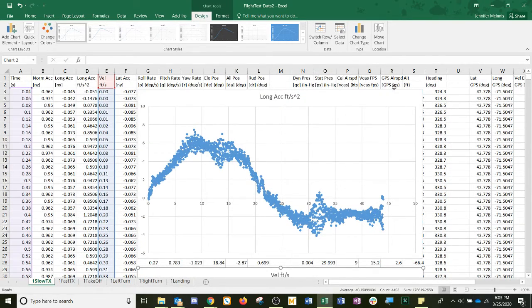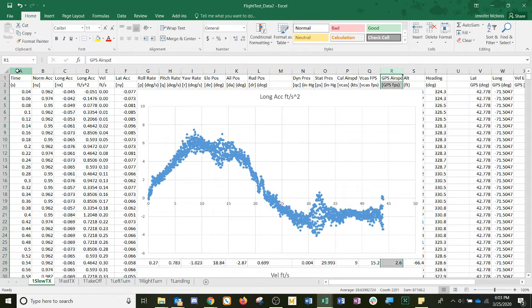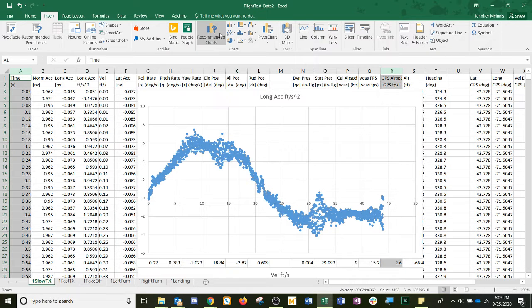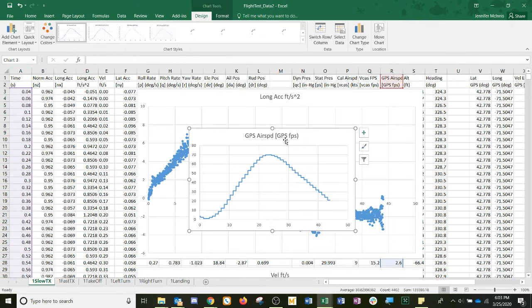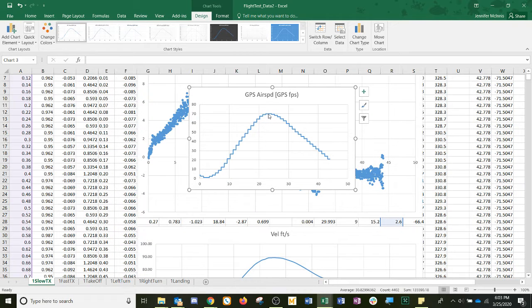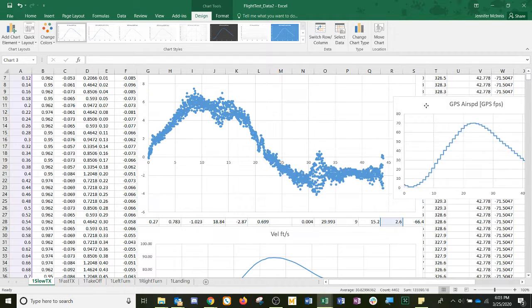And then if I come over here to GPS airspeed with time, I'm seeing the GPS airspeed max out at about 70 feet per second, and it slows down to about 20 feet per second. This seems a lot more reasonable than what I've got for the longitudinal acceleration.